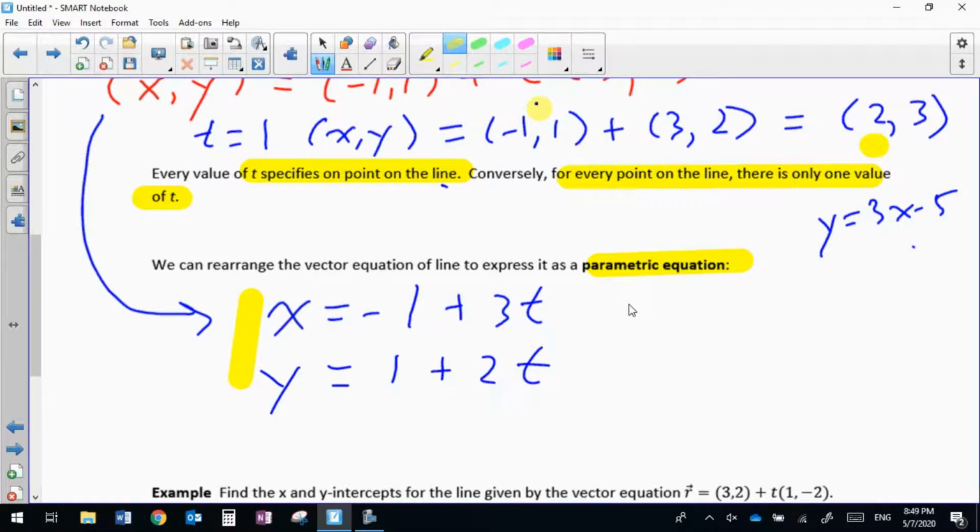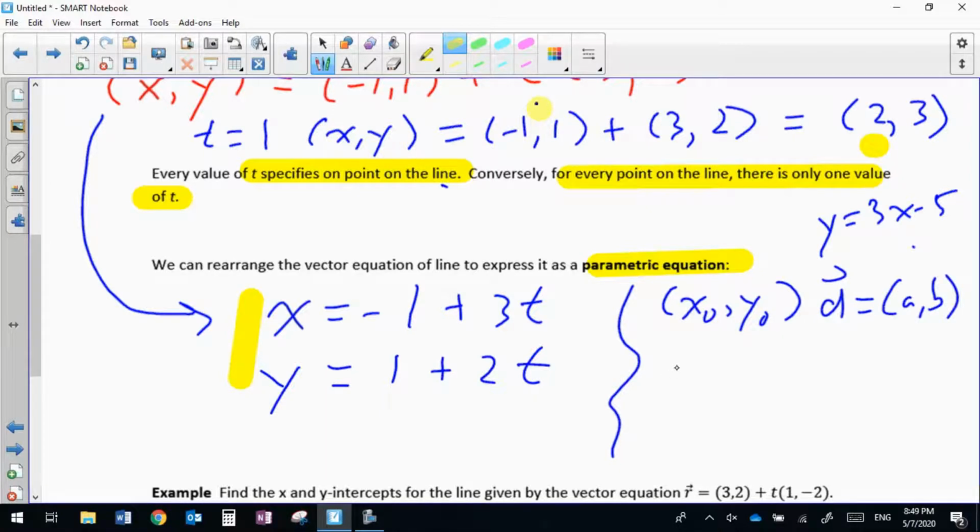In general, if you had a line with an initial point of x naught, y naught, and a direction vector equal to a comma b, then your parametric equation will be x equals x naught plus ta, and y equals y naught plus tb.